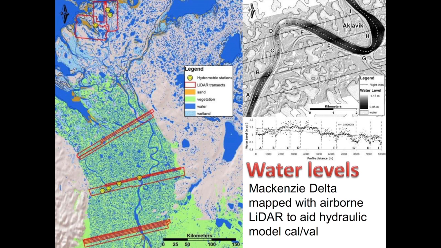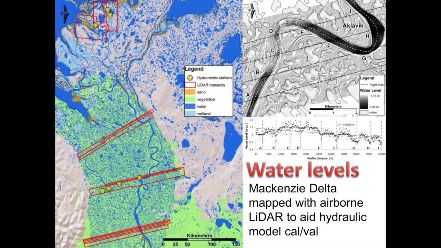We did a number of surveys up in the outer delta, and a number of transects across. And for each one of these areas, we had validation with gauges that monitored the water levels. And so what we wanted to do was both validate the LiDAR estimation of water level, but also to see if there were any interesting variations in water level within the delta.